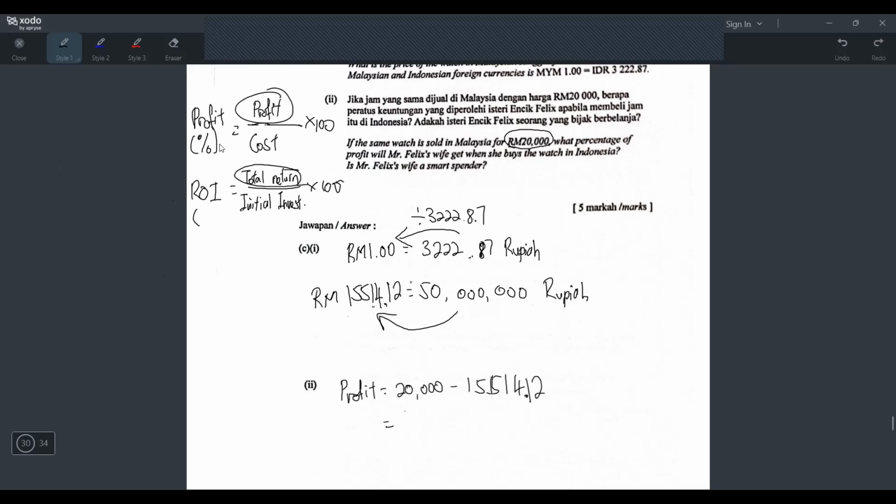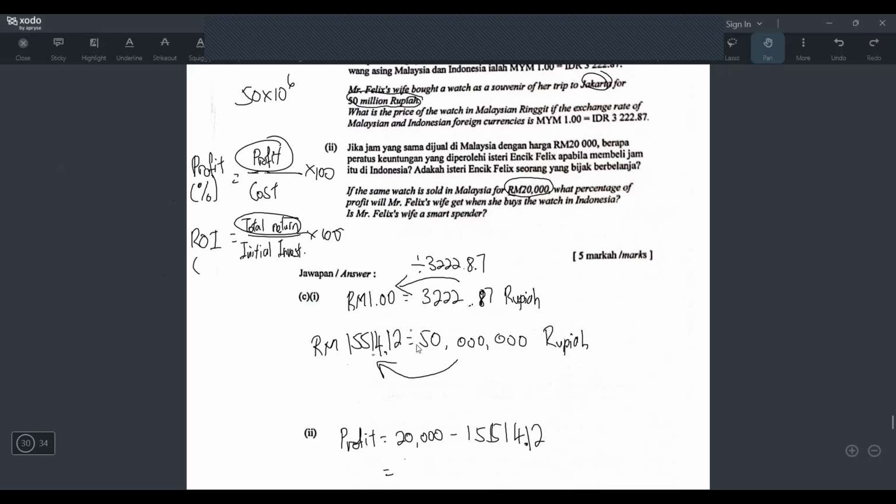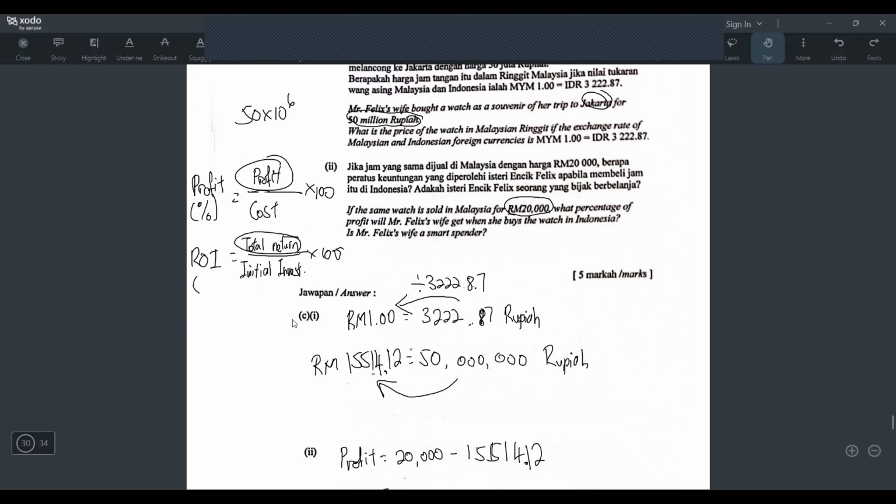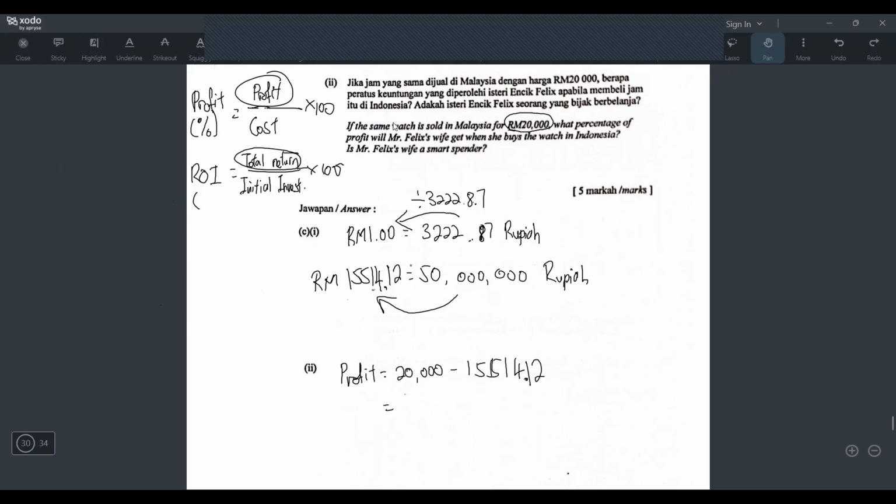Because she bought the watch for 15514.12, but in Malaysia it is 20,000. So if you want to calculate how much she gained, you have to find the difference. So let's press 20,000 minus answer. 4485.877. So the profit here is RM4485.88.